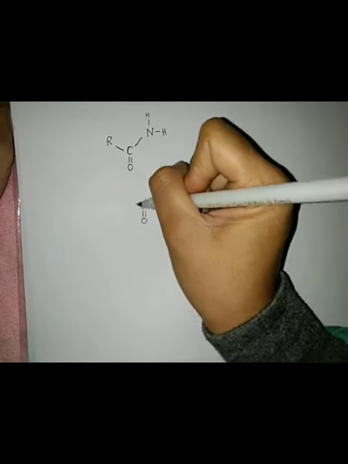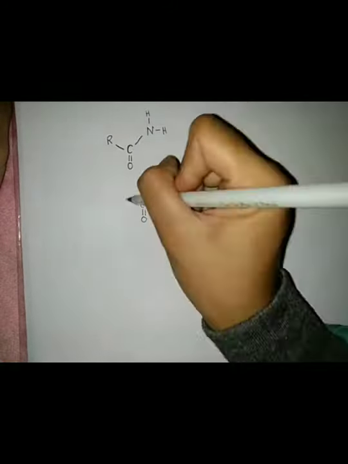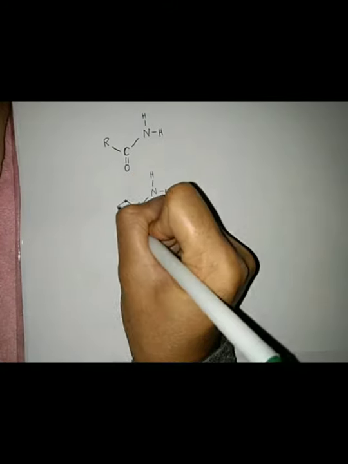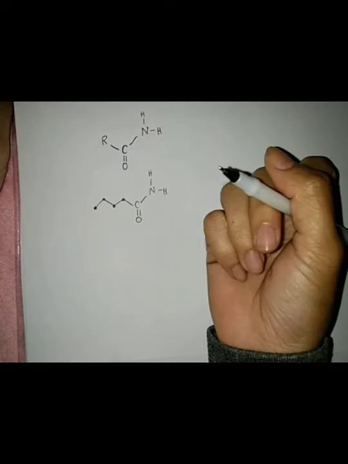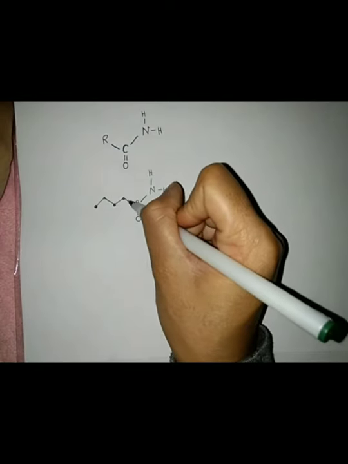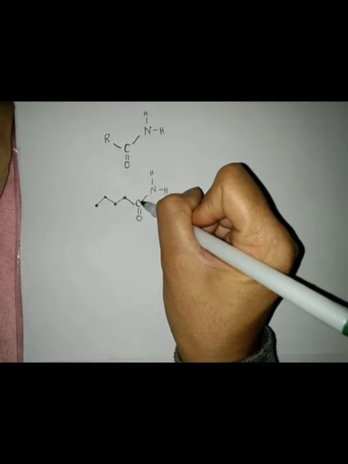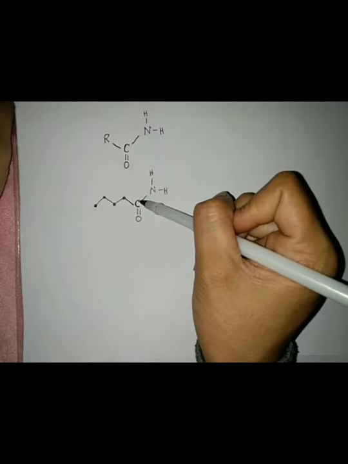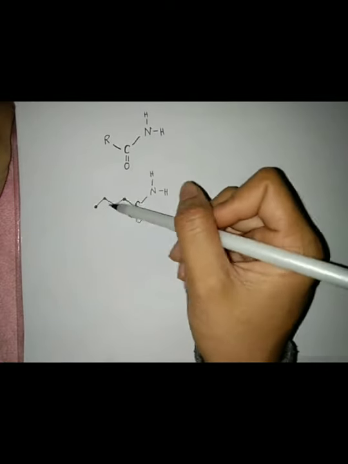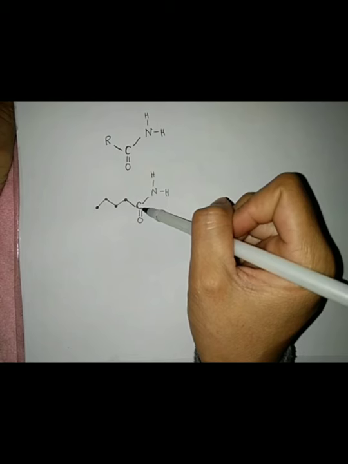Let's say we add a 4 carbon chain to our carbon: 1, 2, 3, 4. Since we add 4 carbon atoms, we will also add this carbon into our numbering. So we have a pentane. Why is it pentane?